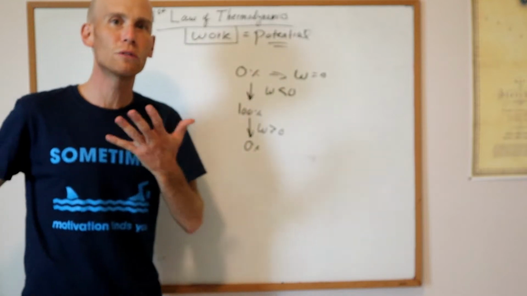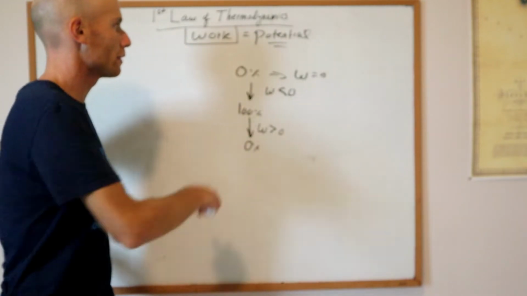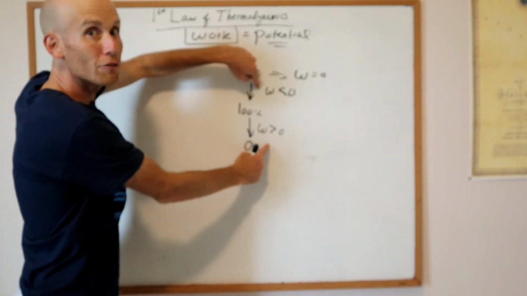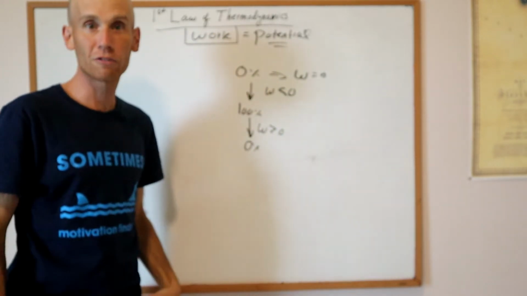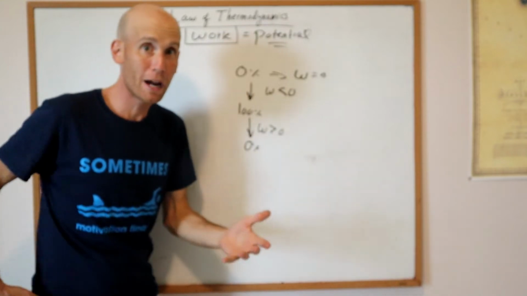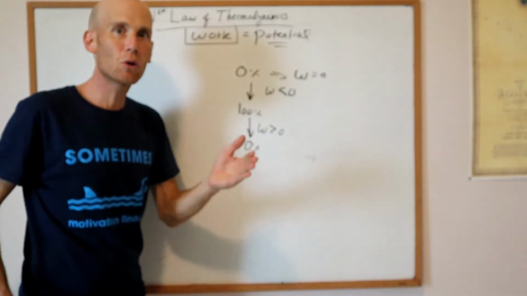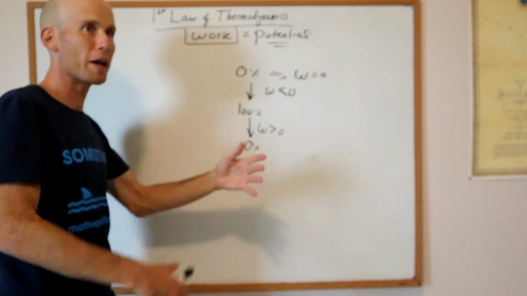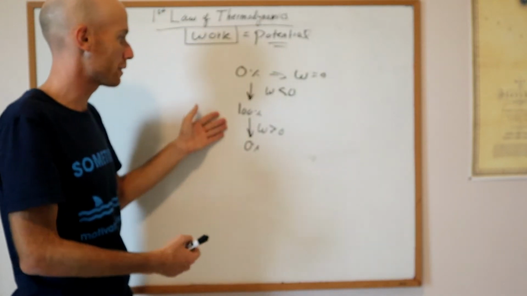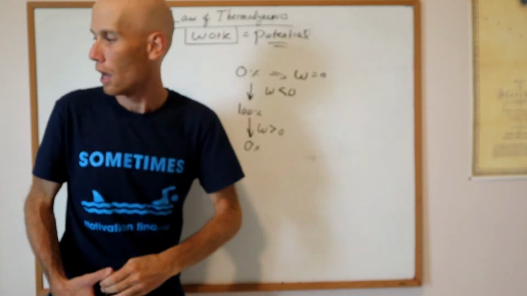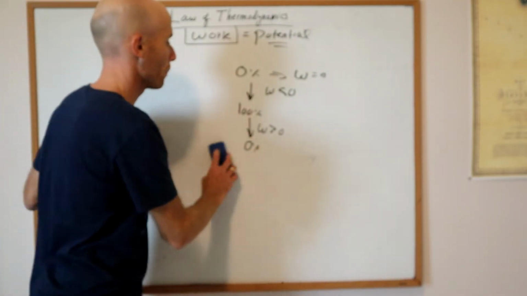Whatever it is that I'm trying to do and define as work is basically my own subjective reference frame for what I want to define as positive, what I want to define as negative. And by and large, society agrees with most of the things, and we have established conventions. For example, for batteries, and for other things as well.